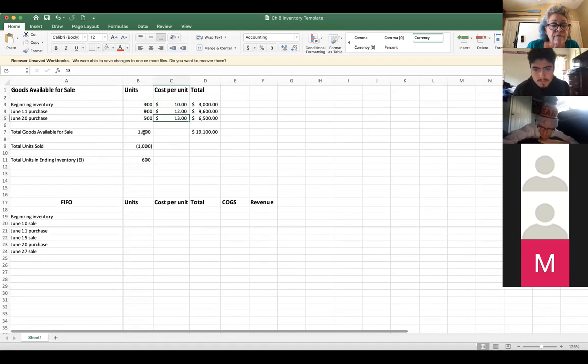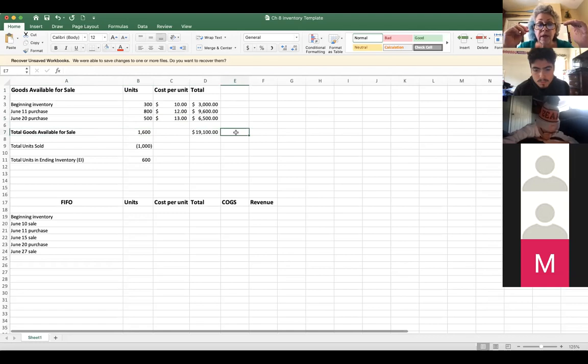So that gave me available for sale 1,600 units at a total cost of $19,100. So this $19,100 is going to be divided between ending inventory, the inventory that I still have on hand, and cost of goods sold, the inventory that is gone.